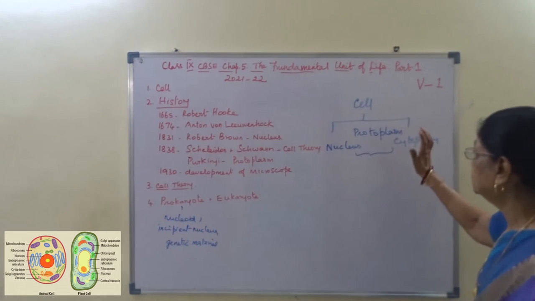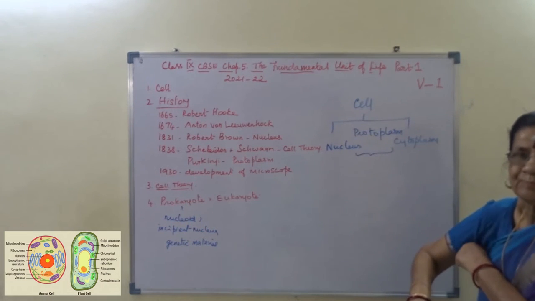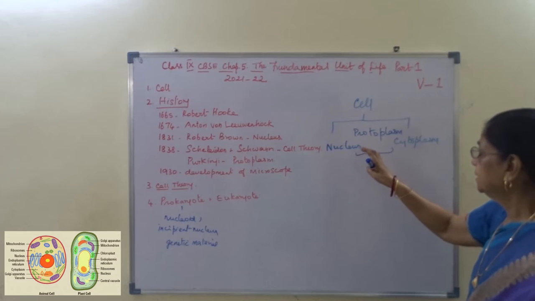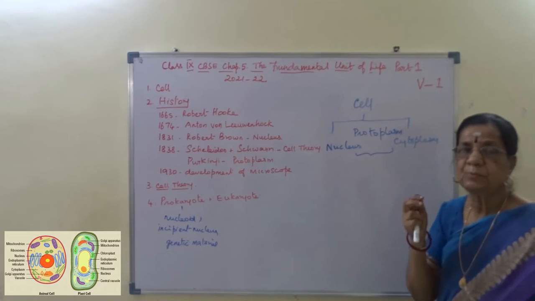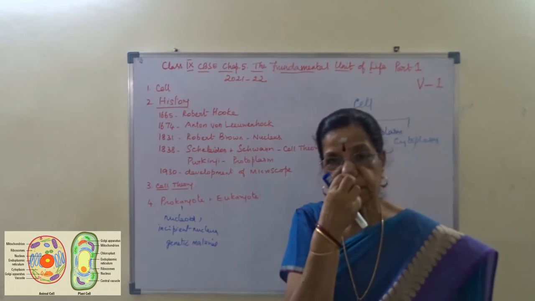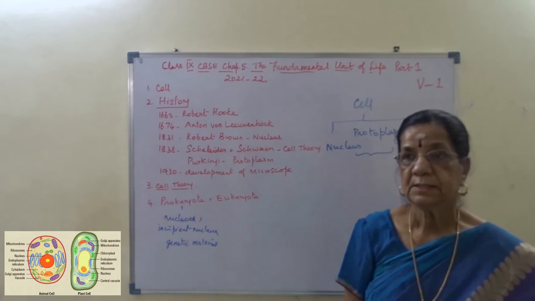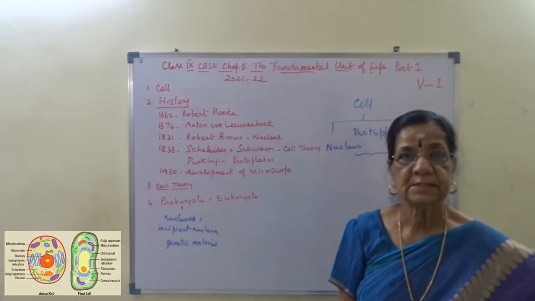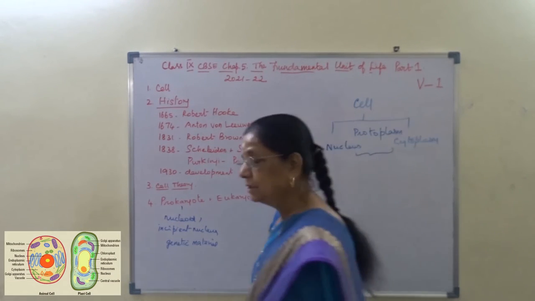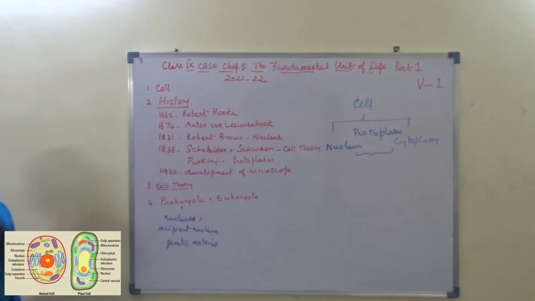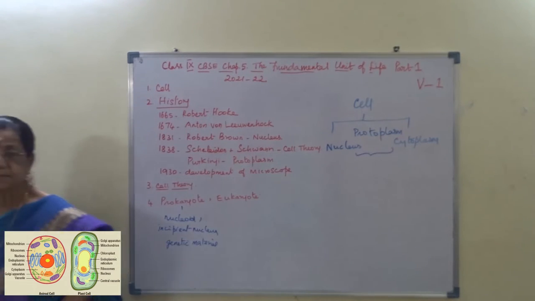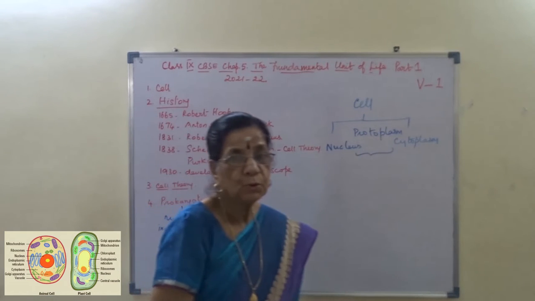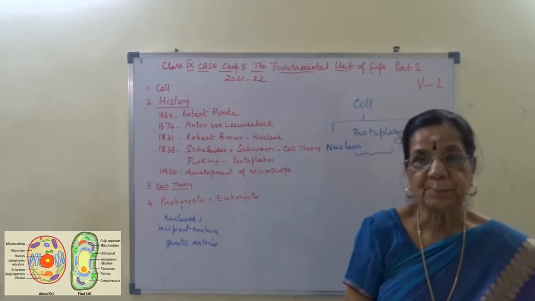Now, when you come to the eukaryotic cell, it has nucleus and cytoplasm. I hope you are able to follow this. This nucleus and cytoplasm are bound by a cell membrane.